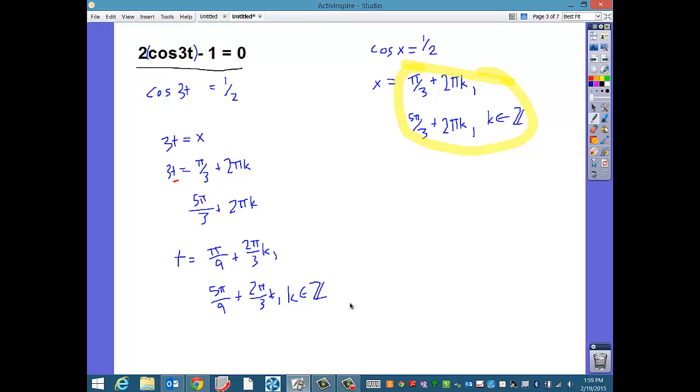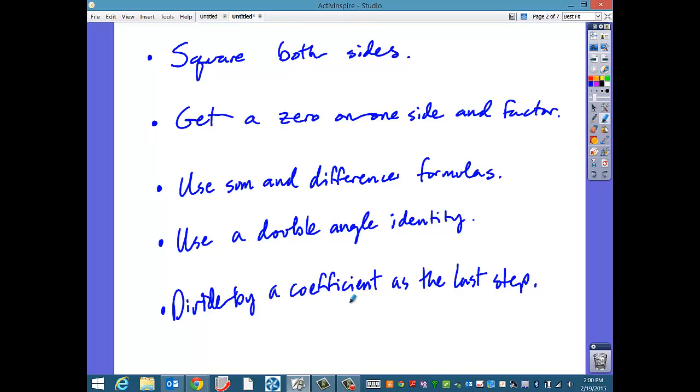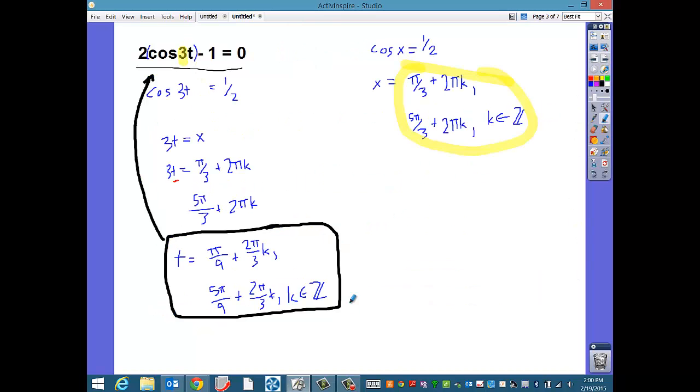Okay? So this is the real solution to this equation. Okay, so which one was that? Divide by a coefficient is the last step. So we did that. In other words, the last thing we did, this coefficient right here, we saved it until the end, and then we divided everything by it.